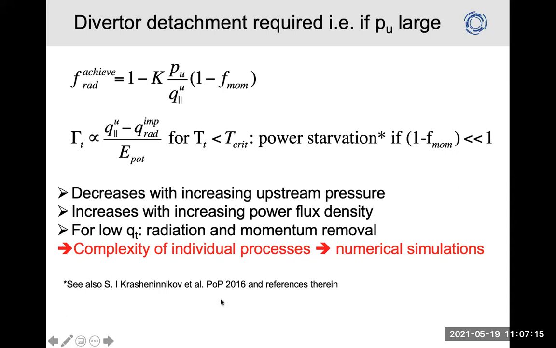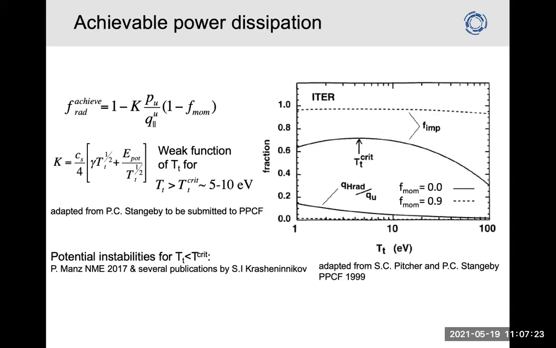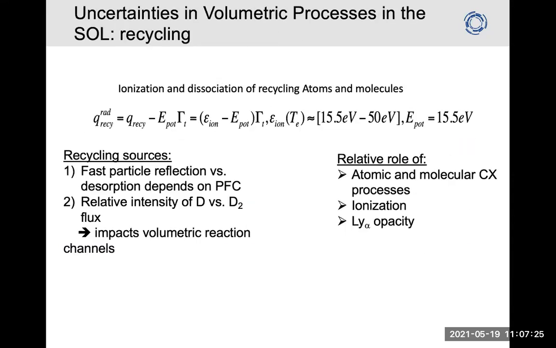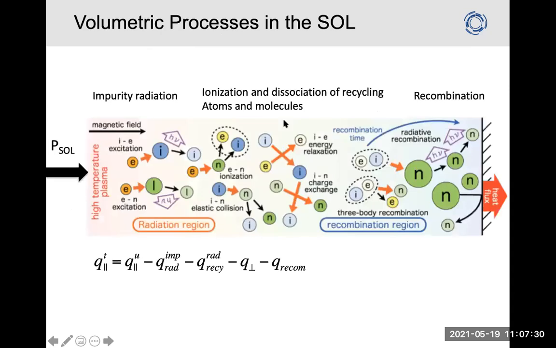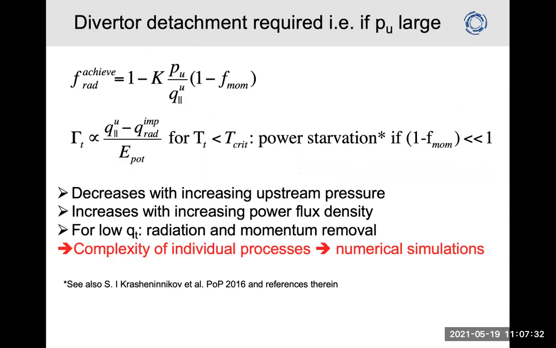And this amount of power is, in its most simple way, the potential energy for ionization, or if you're more sophisticated, this ionization energy here, times the particle flux. That's the power you need to sustain the recycling.